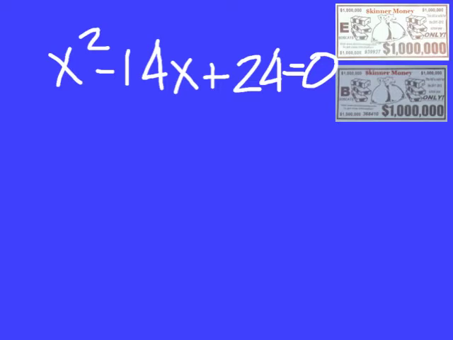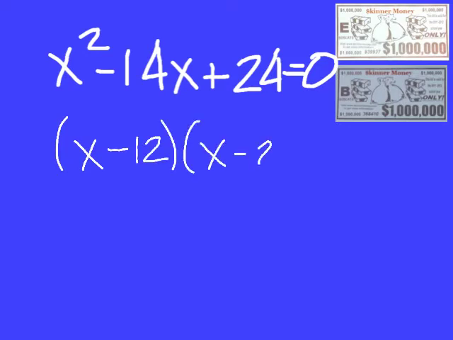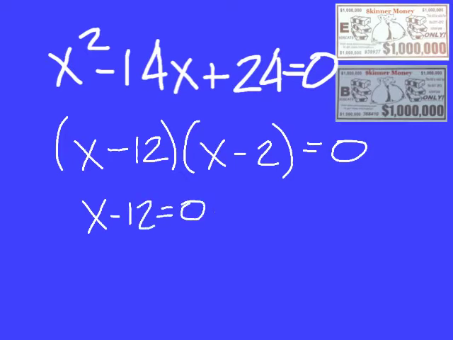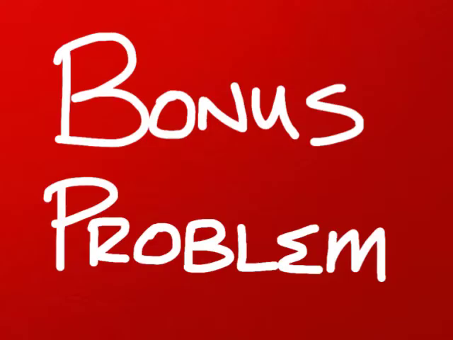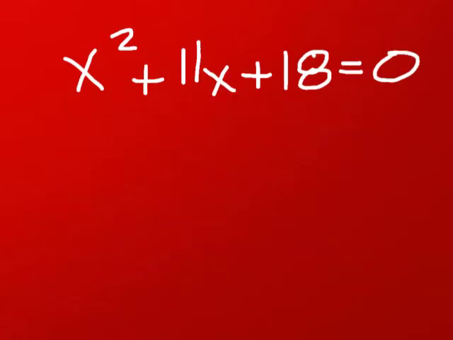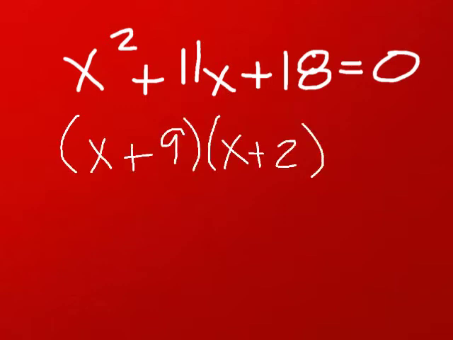On this one, the 2 numbers that multiply to get a positive 24 but add to get a negative 14 are negative 12 and negative 2. If you solve this one equal to 0, it will be a positive 12, or this one will come out to be equal to a positive 2. Those 2 numbers will be plus 9 and plus 2.